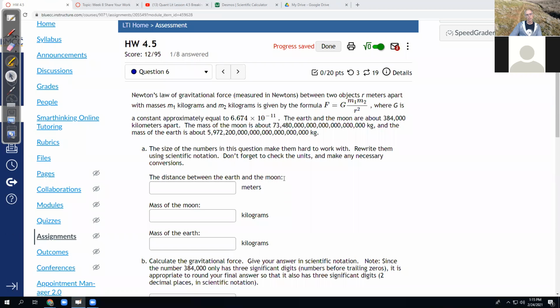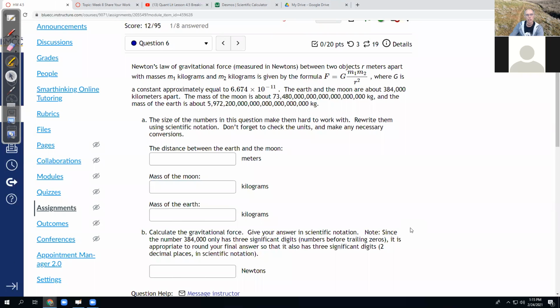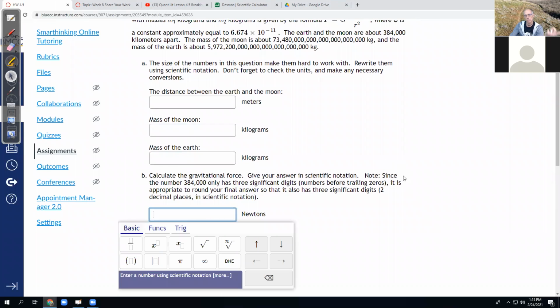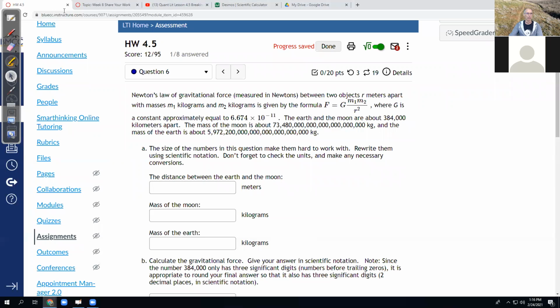And the only difference really, the stuff that's going on down below, is since these numbers are so big, it's really going to be easier for us, instead of keeping track of all the zeros, to just use scientific notation, like the first number here, the gravitational constant. So we're going to rewrite the distance and the masses in scientific notation. And then we're going to plug them into the formula and make that calculation. So first scientific notation, then formula, and we're done.